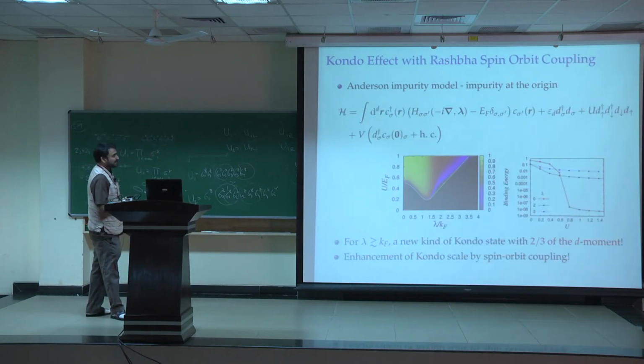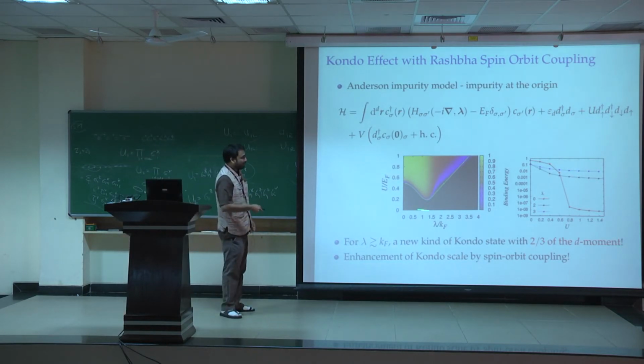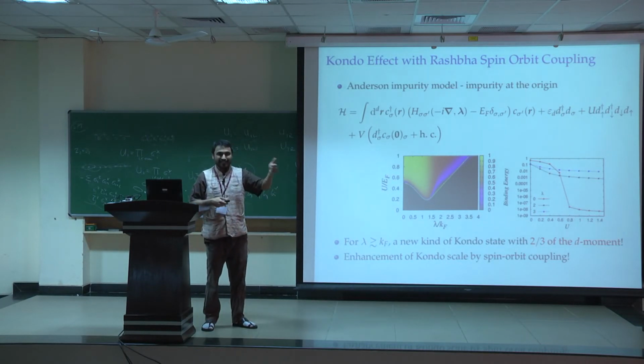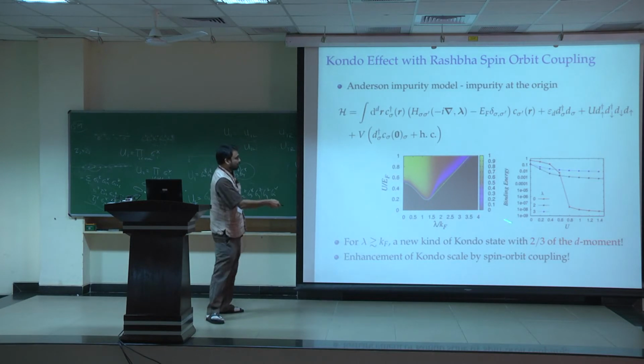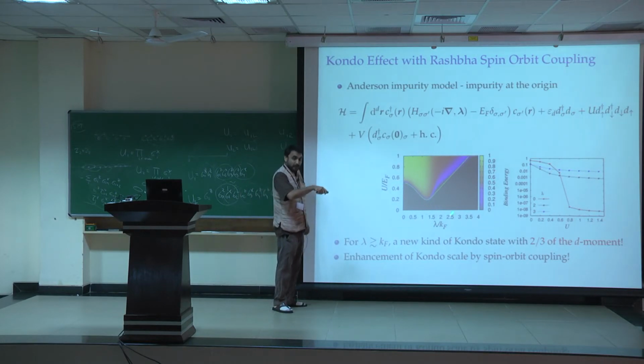Okay, so what we ask here is what happens if I have this spin-orbit coupling, which I introduced before. What is shown here is the moment on the d impurity site as a function of lambda and U. Okay, so you see first of all that to get the Kondo effect for small lambda, where lambda is less than the lambda required for the topological transition, you see that U comes down, and then U goes up.